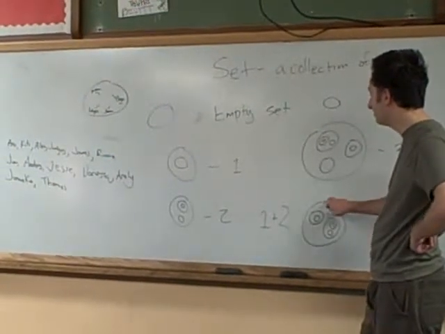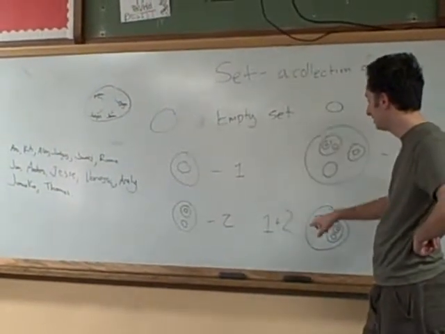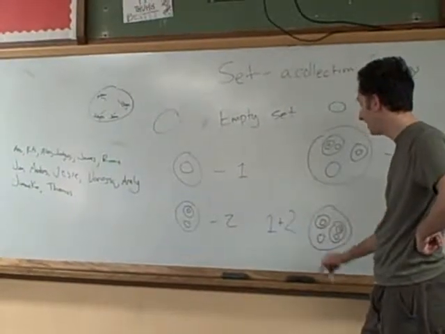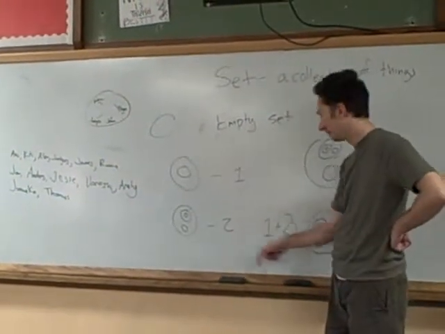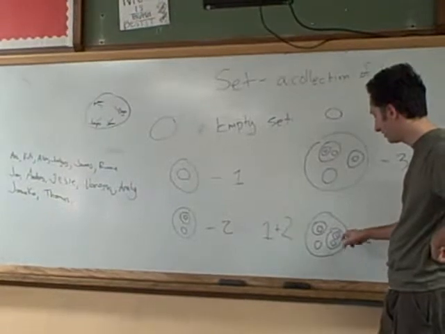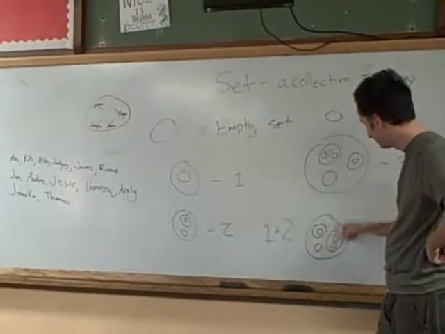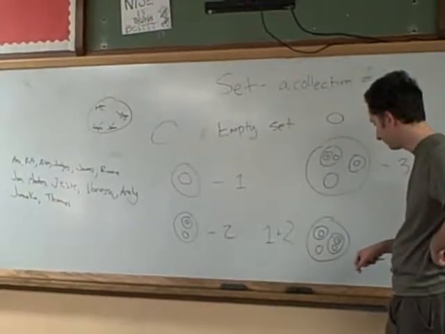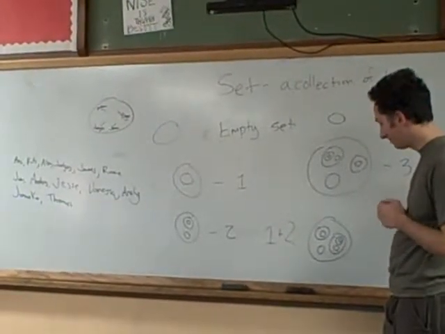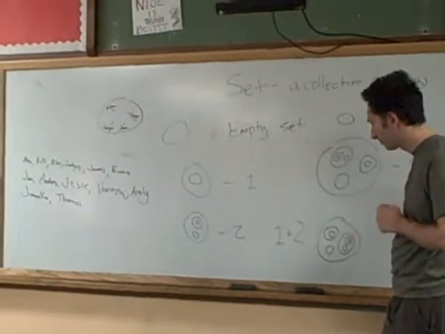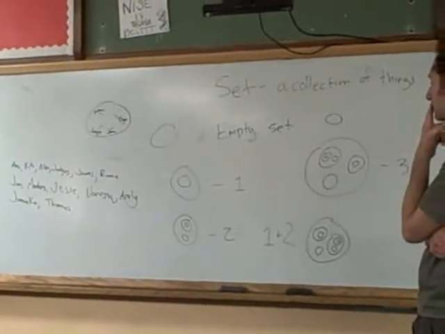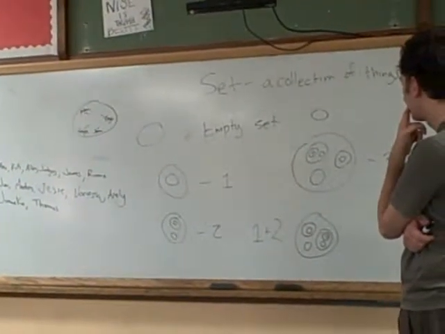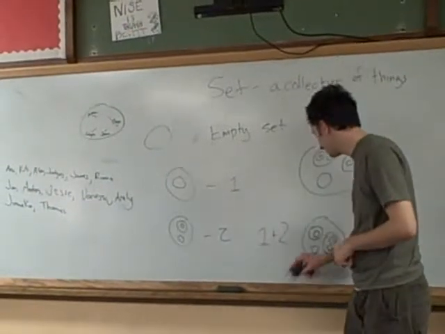So maybe we need to define addition as a set that has the empty set in it and the 2 things we're adding. Because in that case, we have this set here by adding 1 and 2, right? Yeah. Oh, no, we don't have to make that special rule. Sorry.